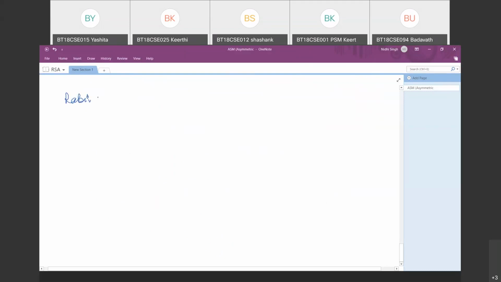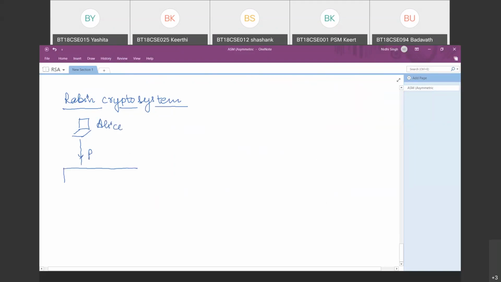The Rabin crypto system. So this is my Alice. Alice wants to send one message to Bob. So this is the plain text that Alice wants to send.